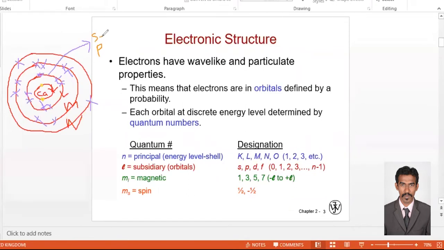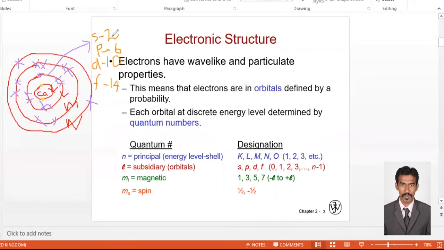So s can have a maximum of 2 electrons, p can have a maximum of 6 electrons, and then we have d, which can have 10 electrons, and f, which can have 14 electrons.